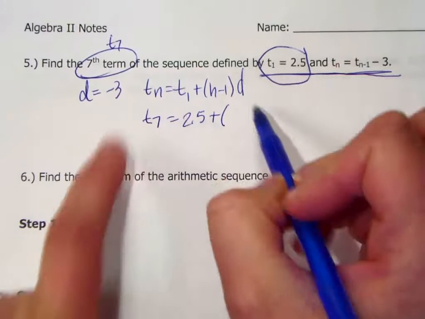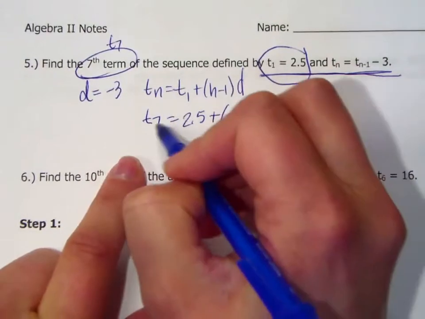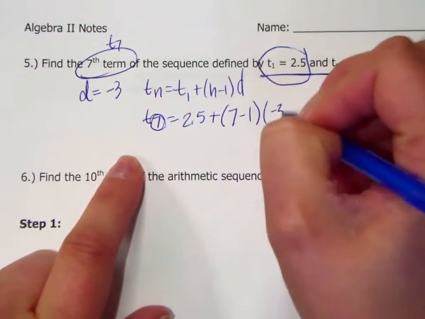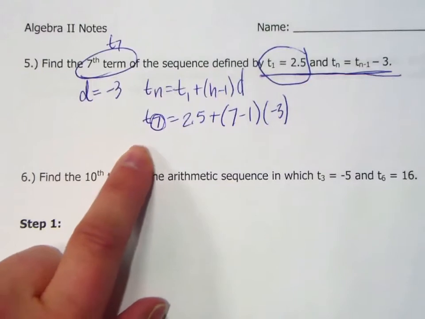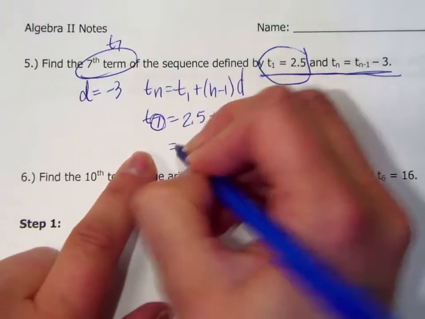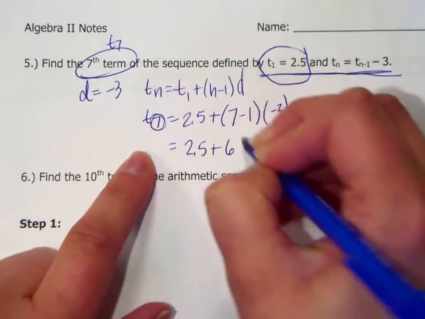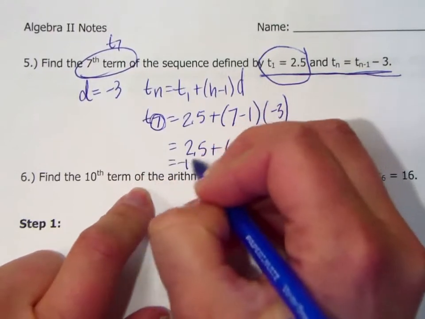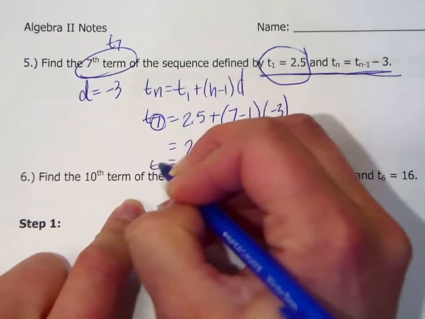Okay, you guys are catching on to this pretty quick. Whatever your term number is, that is the value of n. And then simplify. So 2.5 plus -18 is -15.5.